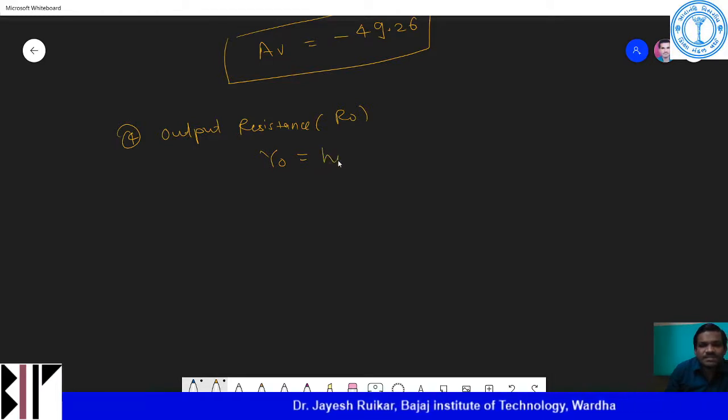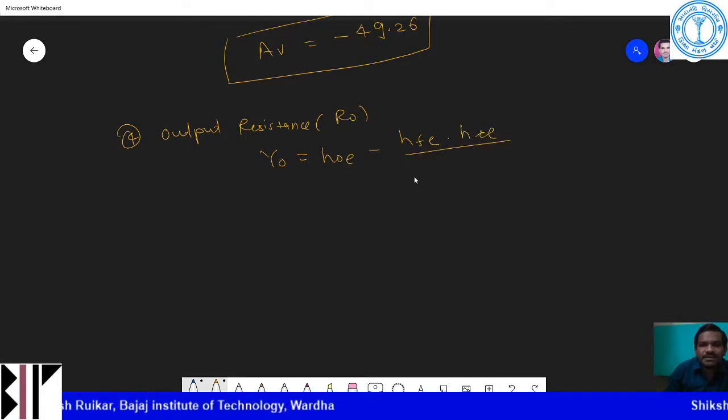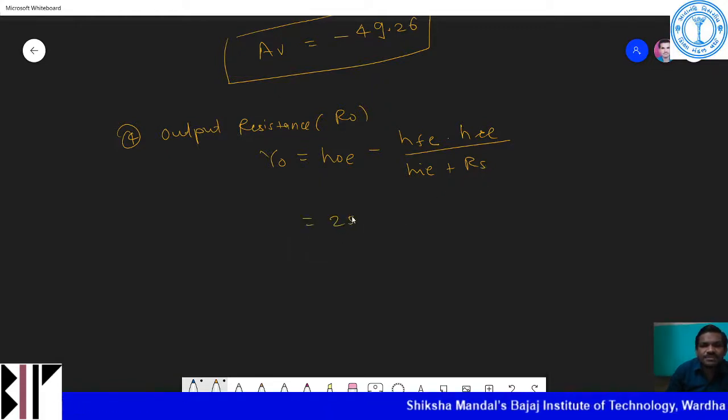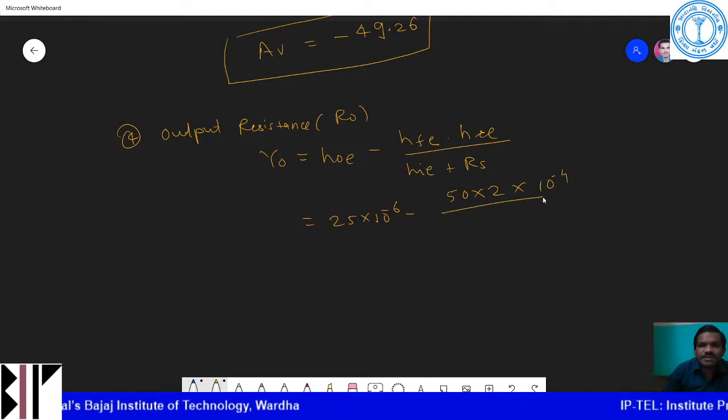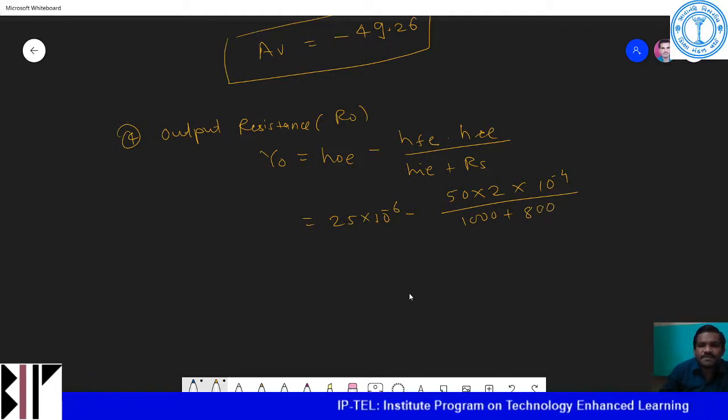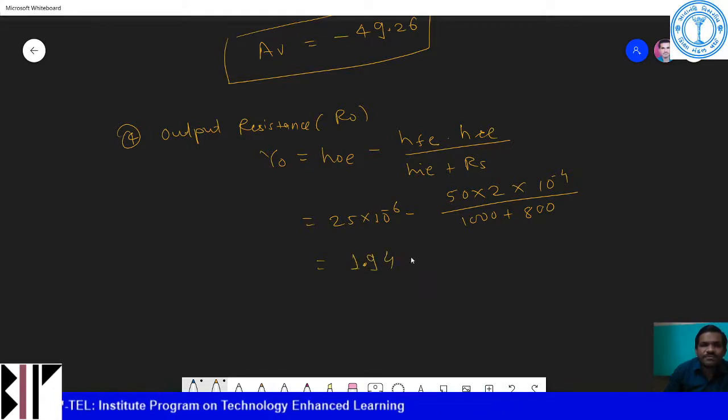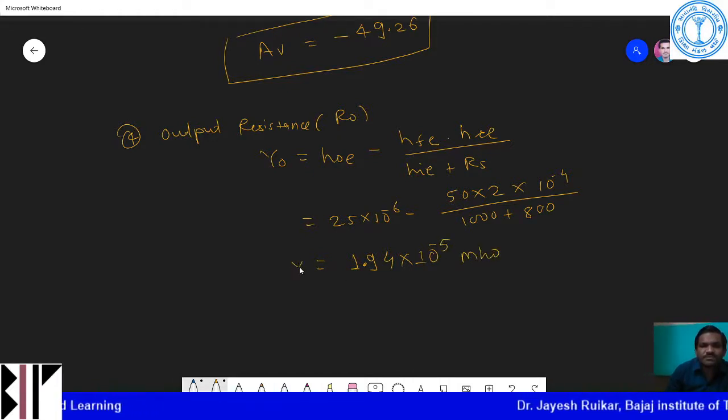YO is nothing but HOE minus HFE into HRE divided by HIE plus source resistance RS, that comes out to be 25 into 10 to the power minus 6 minus 50 multiplied by 2 multiplied by 10 to the power minus 4 divided by HI 1000 plus RS 800, and this comes out to be 1.94 into 10 to the power minus 5 mho. So this is the value of YO.